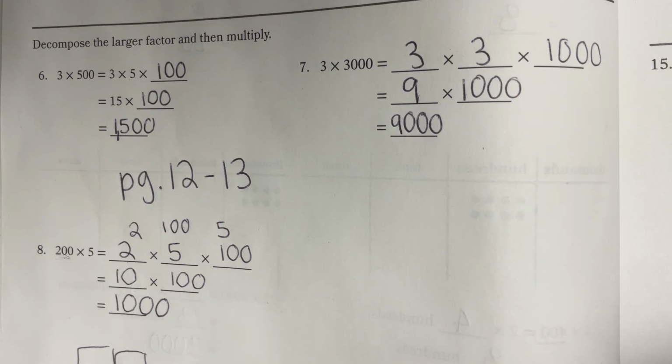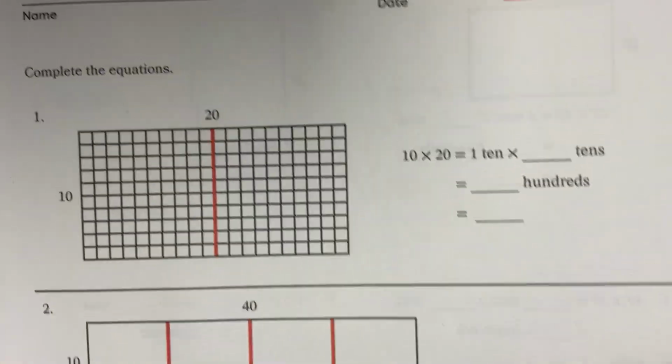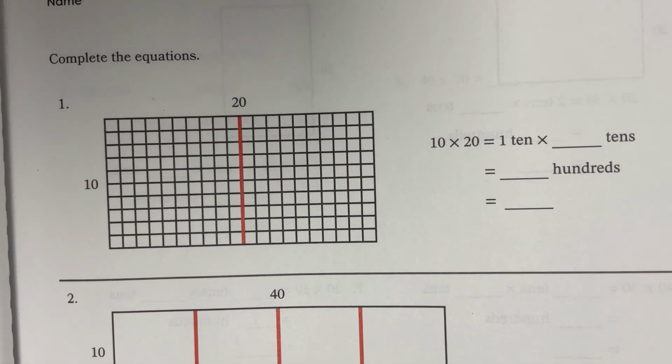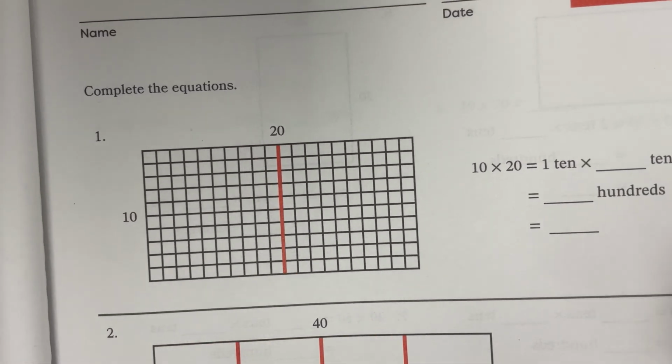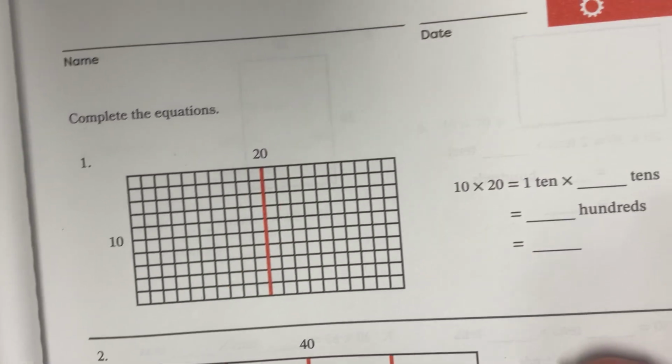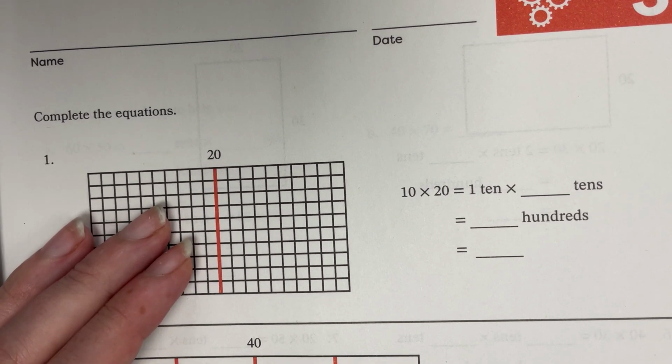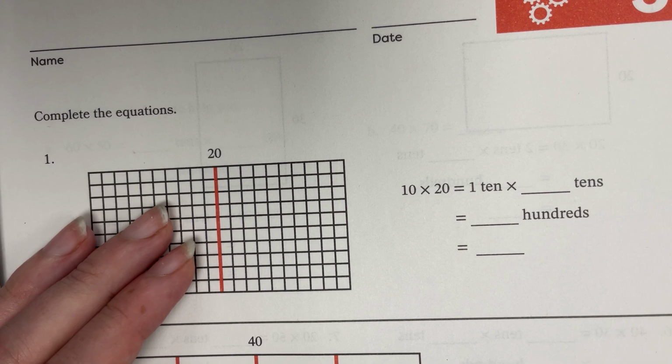All right, now I want you to flip in your books to page 19. This page is going to help us practice how to multiply numbers like 10 times 20, where you have some zeros in both places.